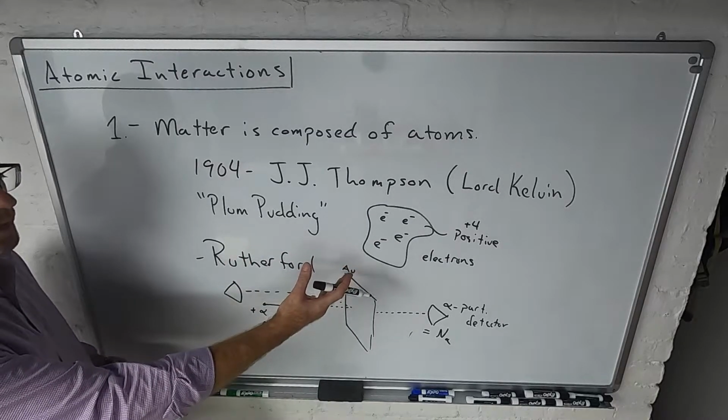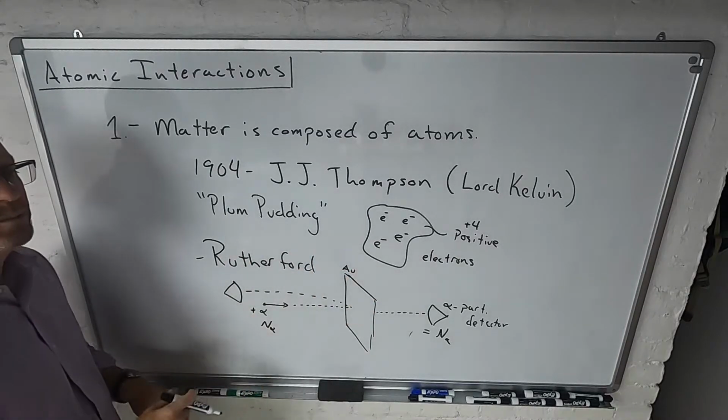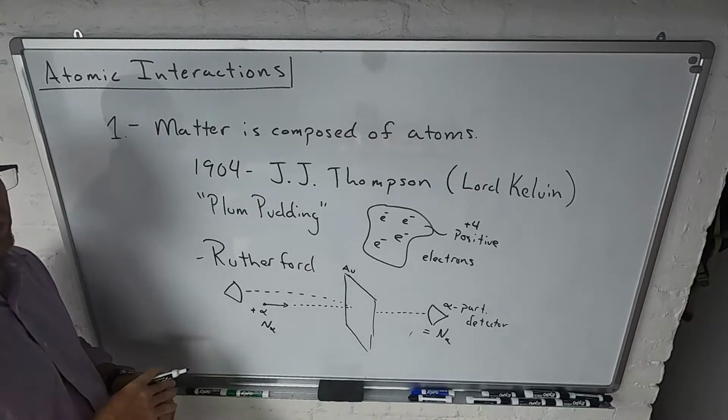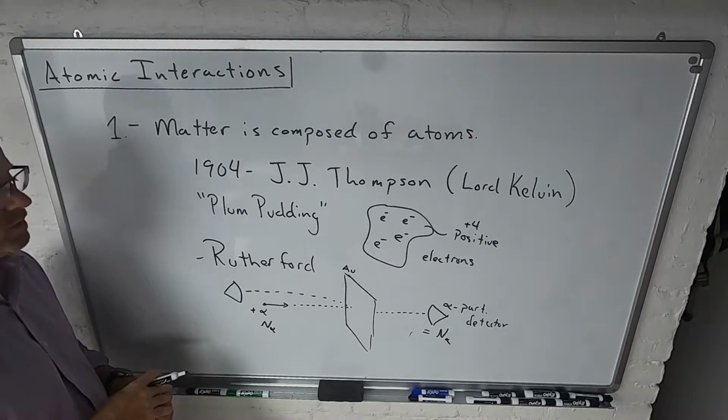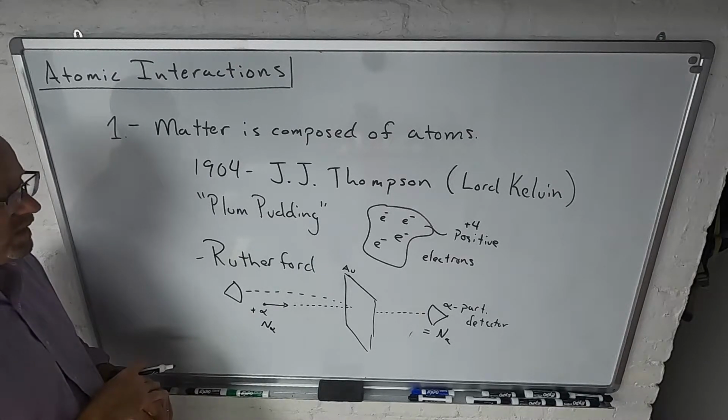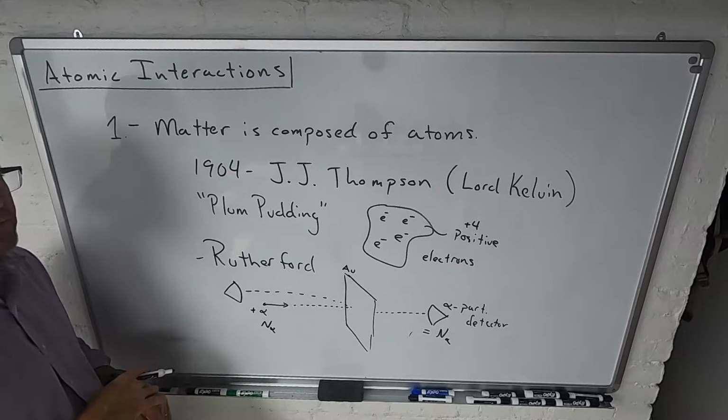And in the plum pudding model, it shouldn't have happened. They should have been deflected a little bit, but they should never have run into a brick wall and bounced. And the brick wall that he ran into was, in fact, the nucleus.